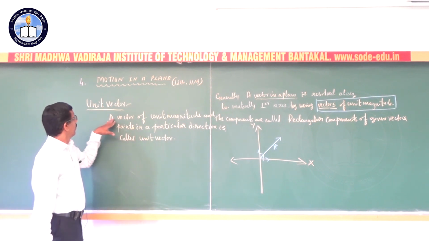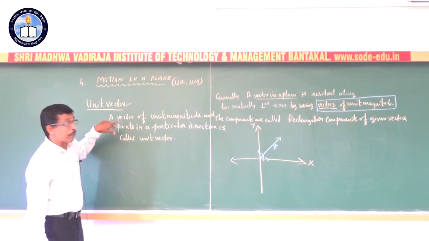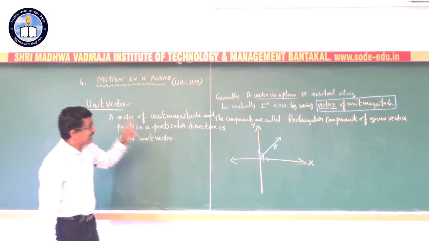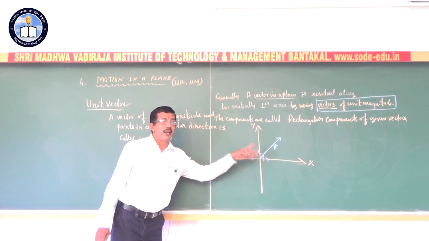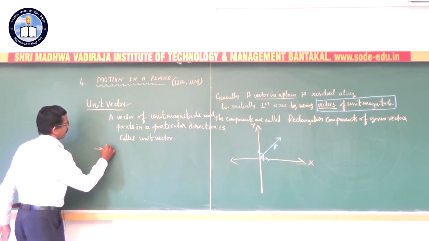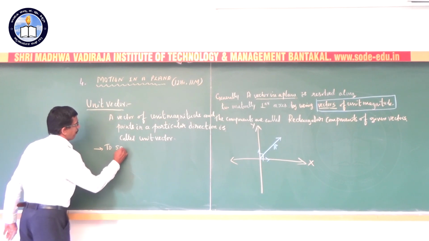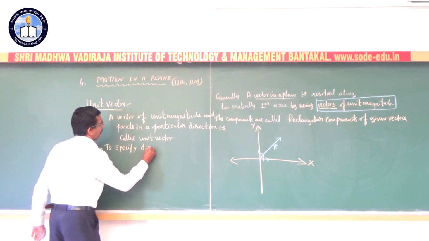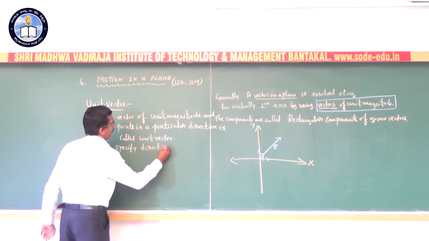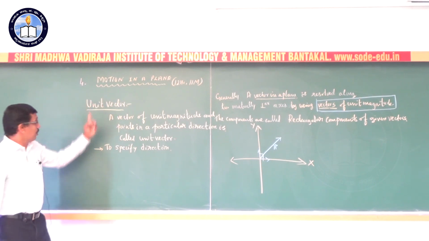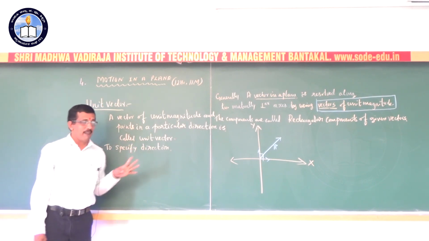So, here the purpose of unit vector is to specify the particular direction. The purpose of unit vector is to specify the direction.